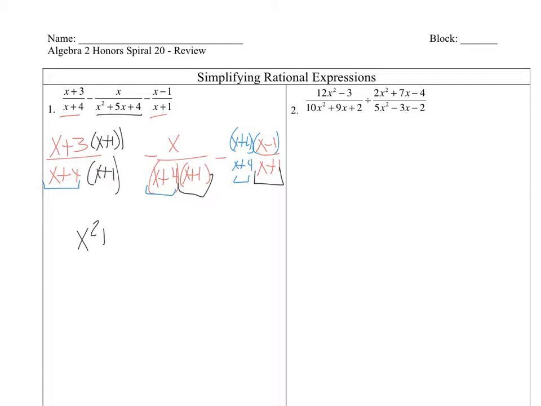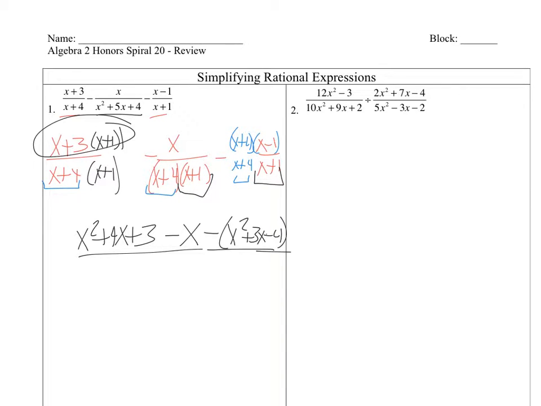So we get x squared plus 4x plus 3. That's for that. Minus x. And then minus, that's going to be x squared plus 3x minus 4. And on the bottom, that's going to be x plus 4, x plus 1.